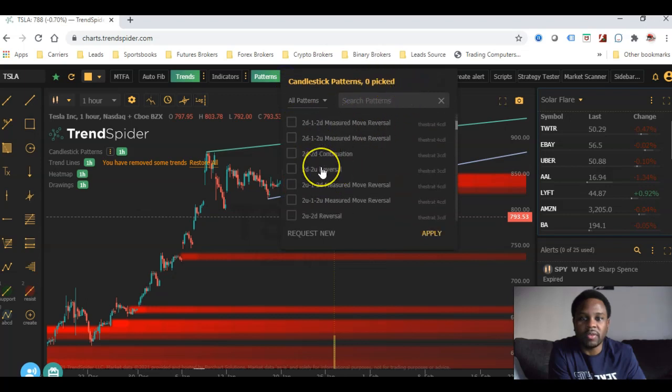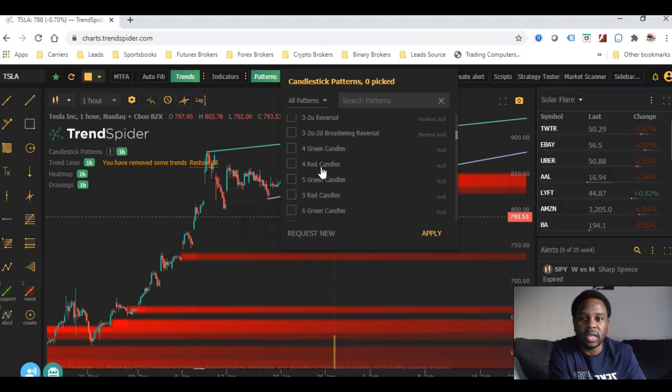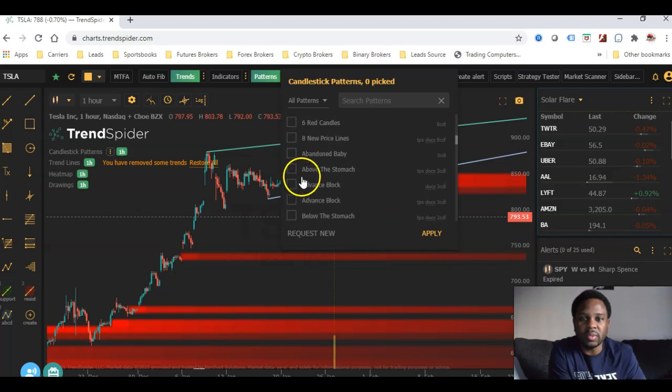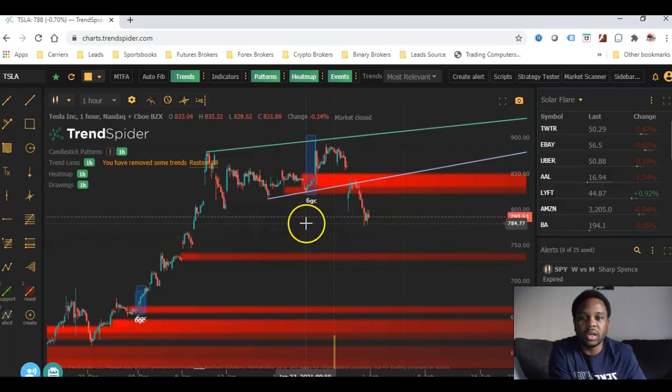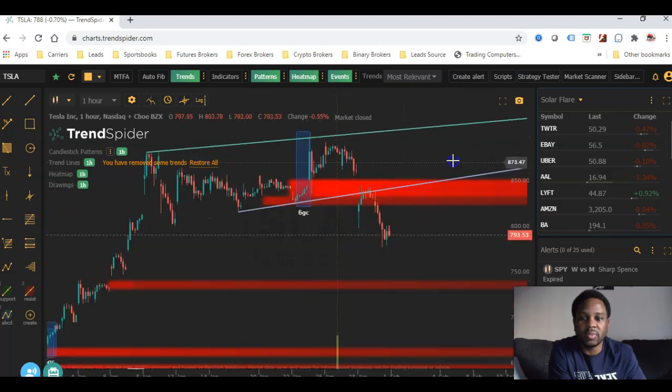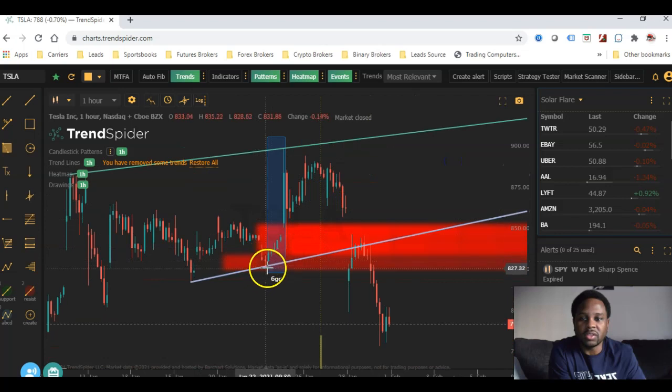So we clear that off, and then you can look at, let's say, 4 red candles in a row, or 6 green candles in a row. You can see right here this will highlight on your screen that this was 6 green candles in a row. You can set this up to get an alert every time that forms and develops on your chart, which is really good.